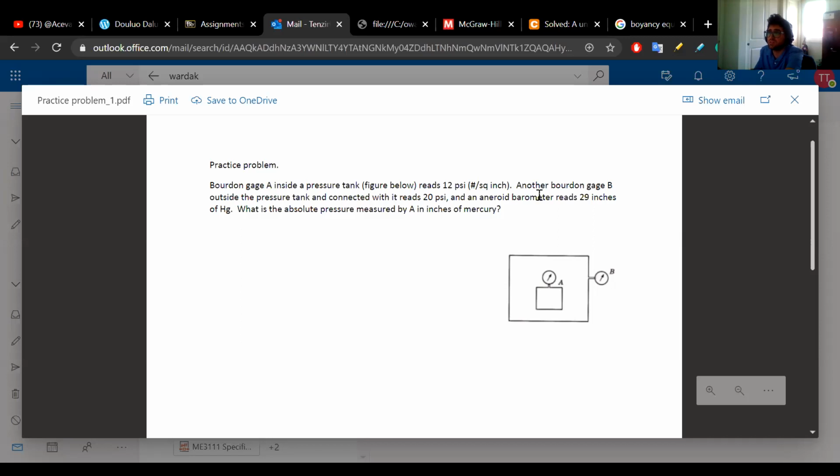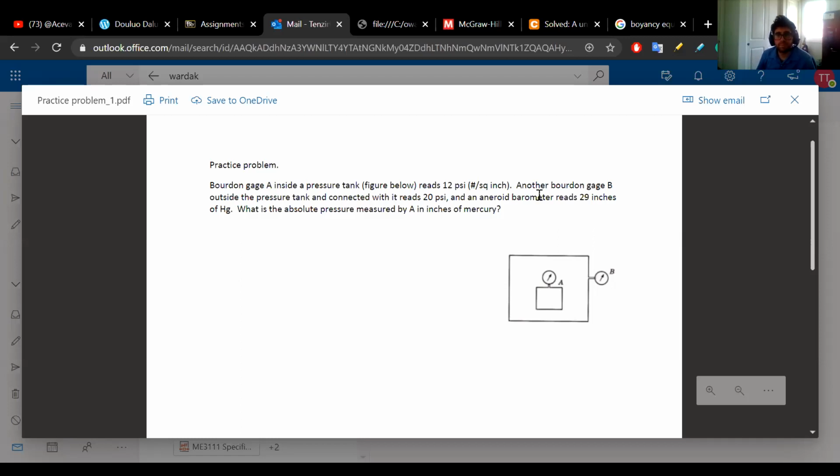What else do we need? So it says what is the absolute pressure of A in inches of mercury?